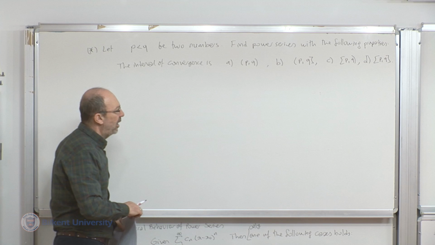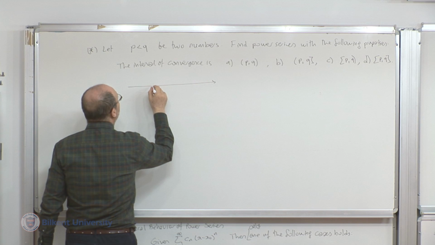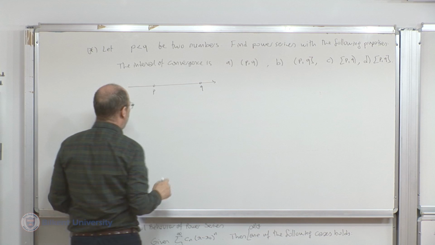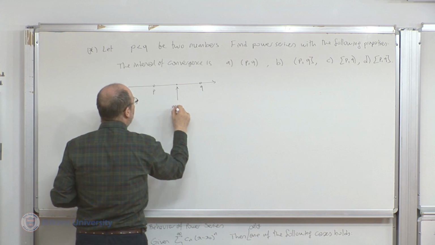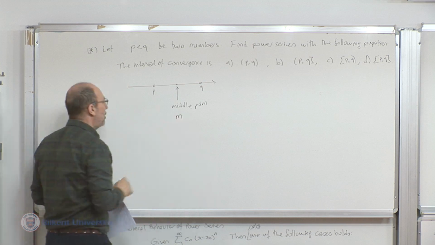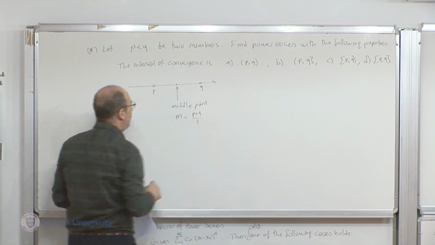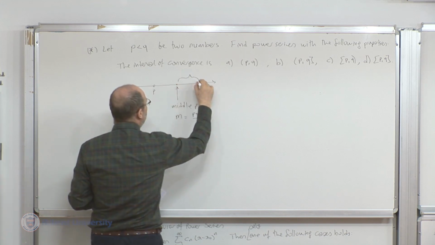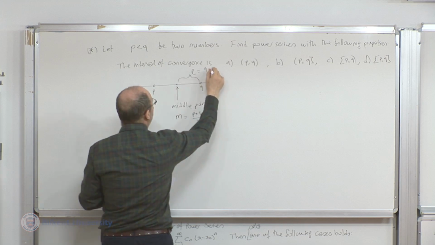So let's see if we can do this. The picture will be something like this. I have P here, I have Q here. The middle point, let's use M for this. So instead of writing this all the time, (P plus Q) over 2 is going to be M. And this length, the radius of convergence L, is equal to (Q minus P) over 2.